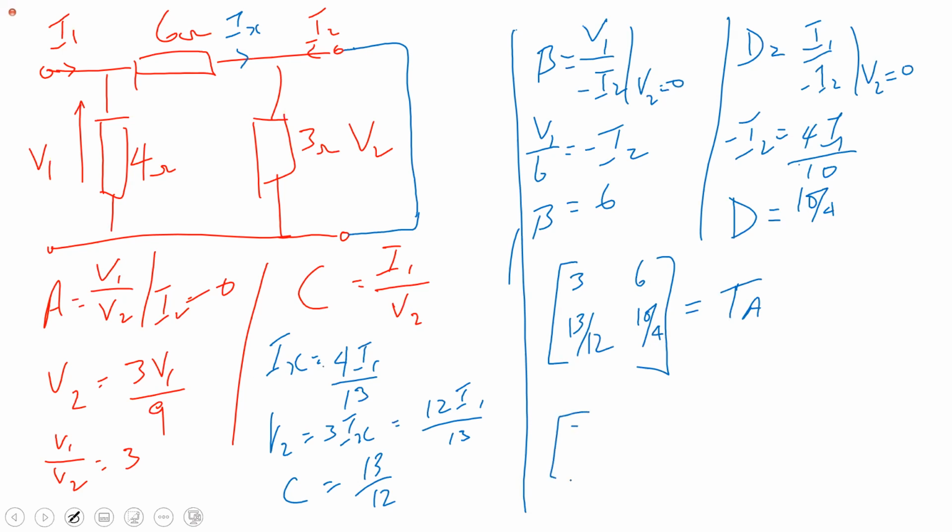For TC, we'd have 10 over 4, 3, 6, and 13 over 12, because the network, these resistances would be interchanged. Remember I had indicated we use the same hybrid parameters.